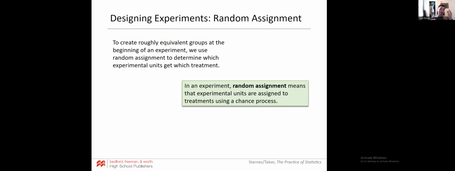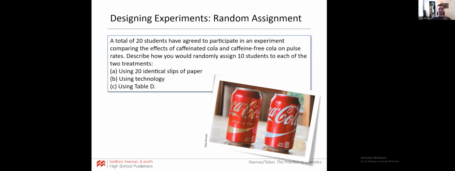In that case, you'd be getting obvious bias in your experiment because one group's going to do better anyways. So we want to use random assignment that puts them in groups randomly, not just based on whatever we decide. Okay. So use a chance process to put them in groups.